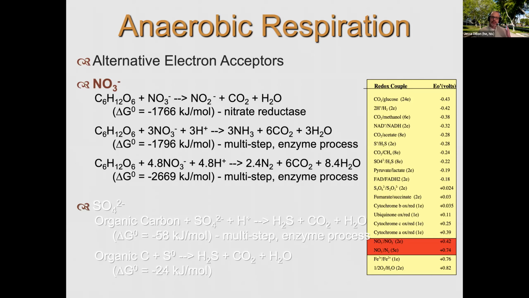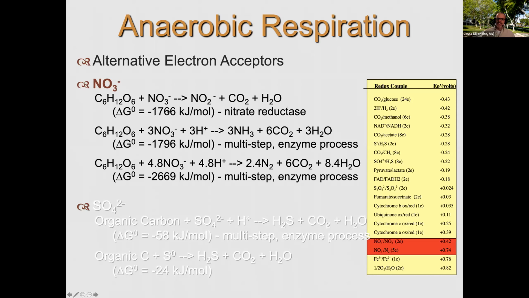So that's one way of doing this, and that's the simplest way, and that's what E. coli does. But there are other microbes that take it much further. They go from nitrate to nitrite to nitrogen gas, or they go from nitrate to nitrite to other intermediates to ammonia.